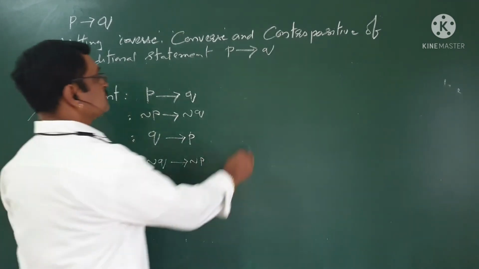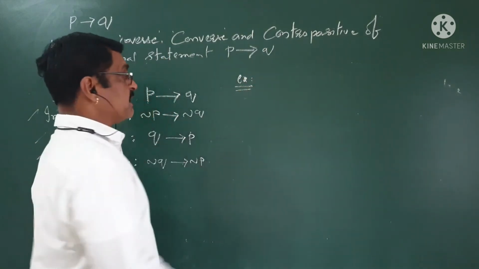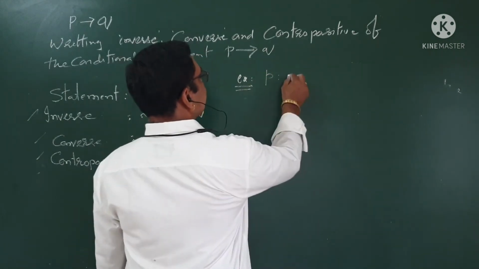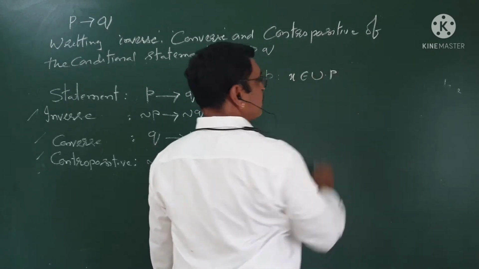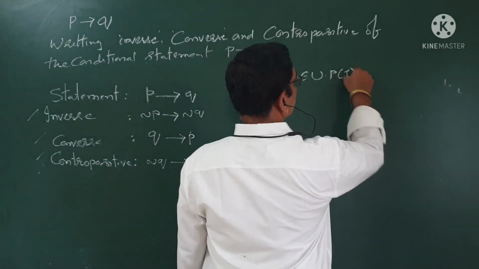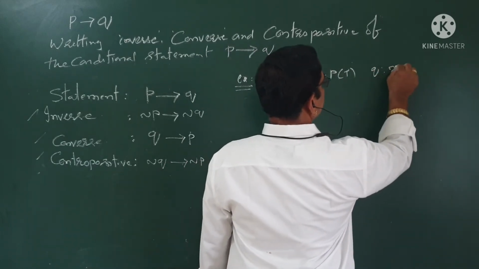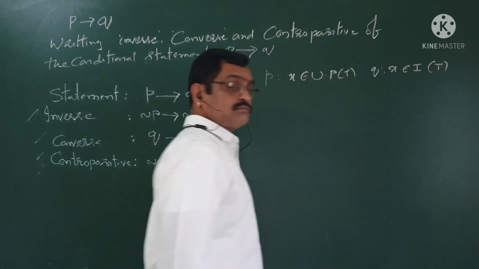For example, P: x belongs to UP. Let this be true. Next one, Q: x belongs to India. Let this also be true.